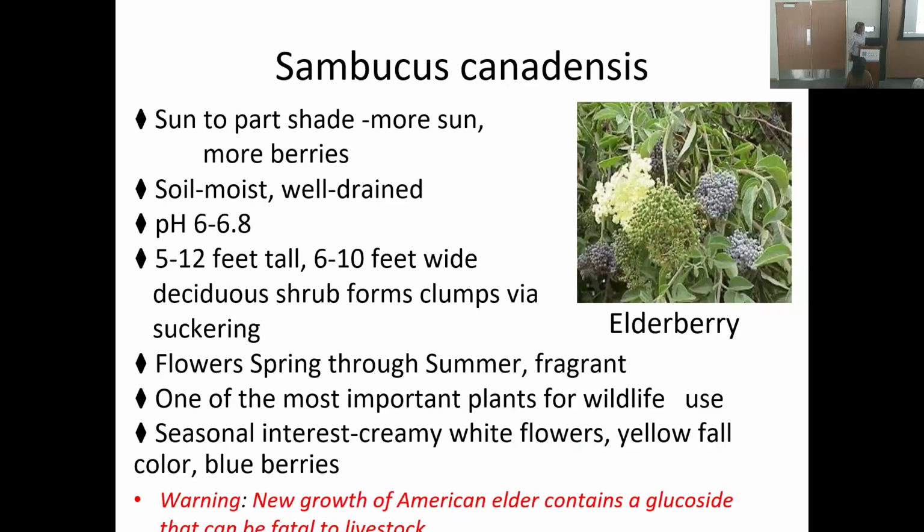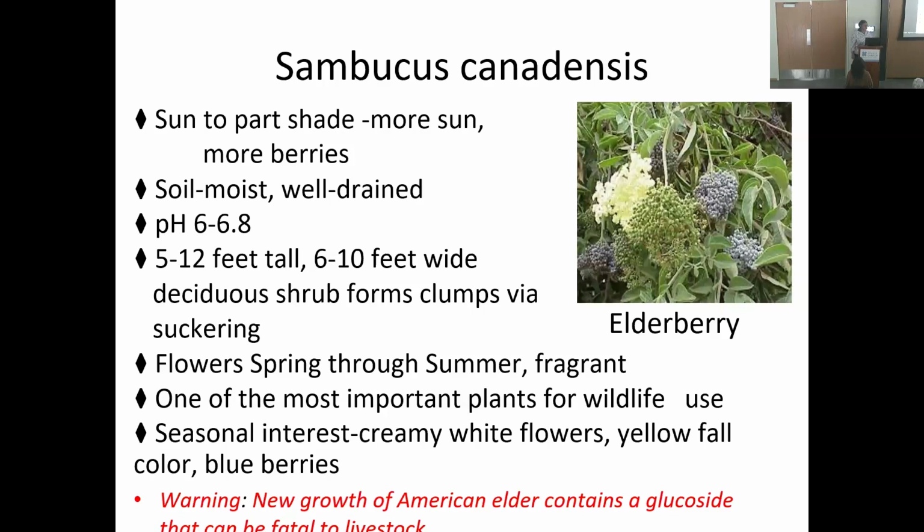This is something that a lot of people have gotten very interested in because of the medicinal use. I think back during COVID, it was used a lot for coughs and sore throats and things like that. So a lot of people are interested in this.